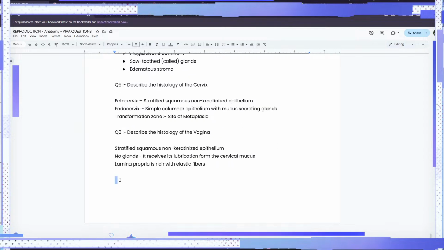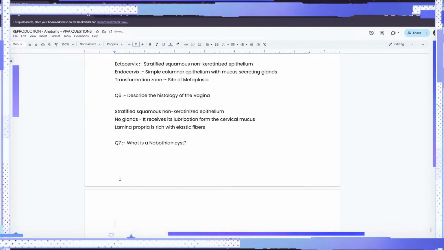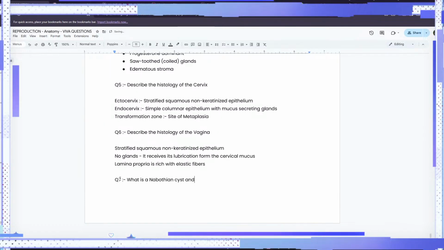Another question that they may ask: what is a Nabothian cyst, and how is it formed?